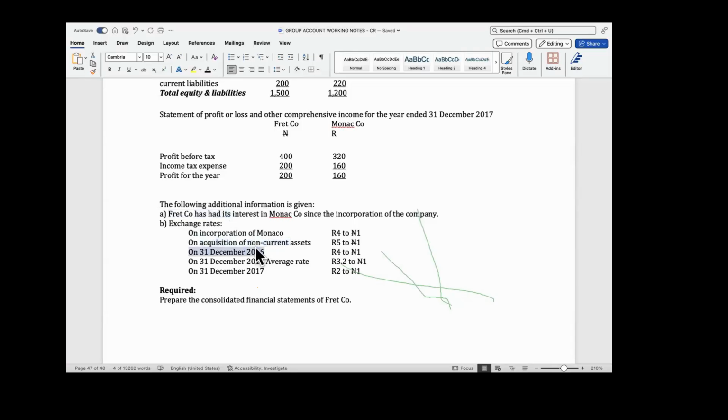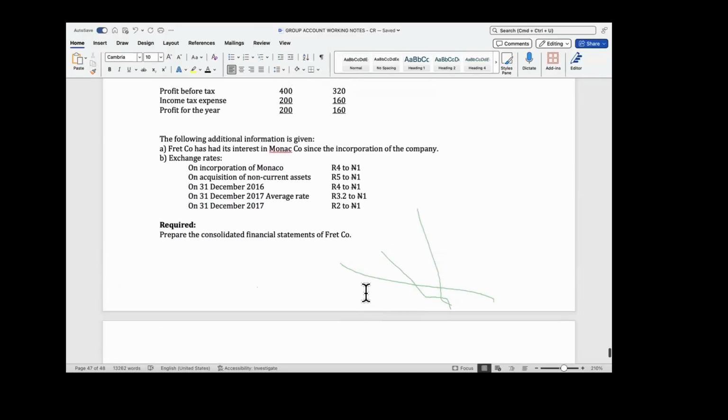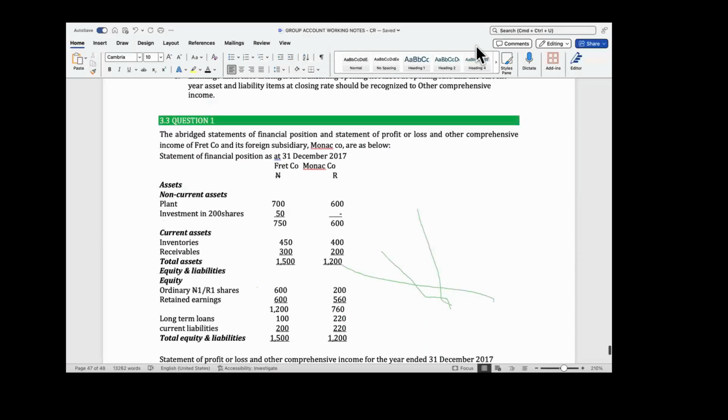On 31st December 2016, they gave us the average rate of 2017, and they also gave us the closing rates as at 2017. We're now required to prepare the consolidated financial statement of Fredco.